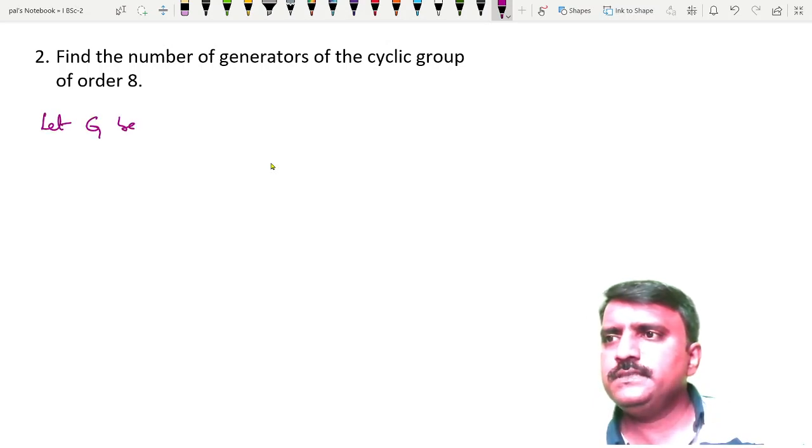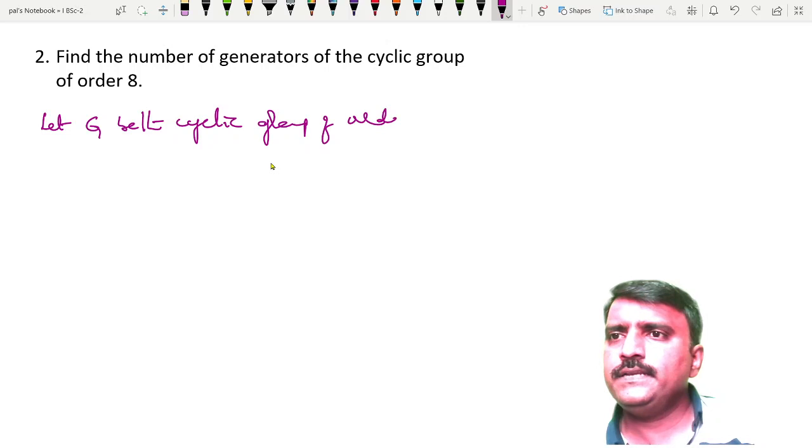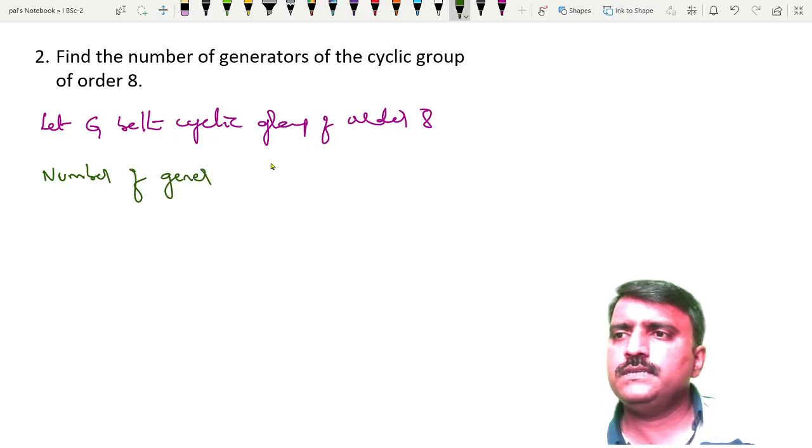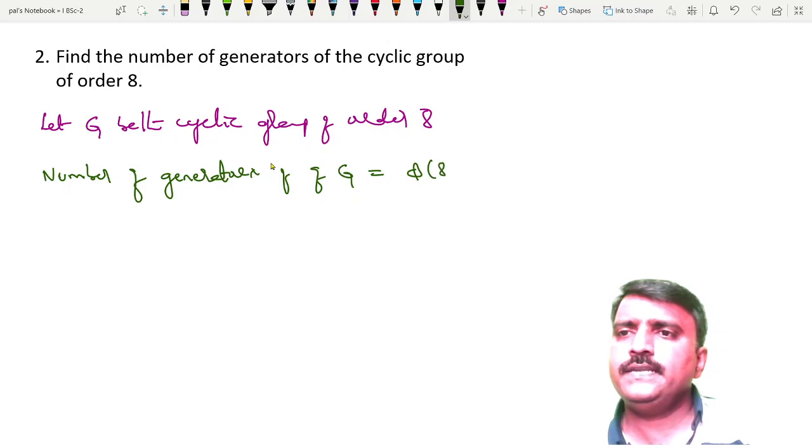Let G be the cyclic group of order 8. So it is a cyclic group of order 8. Therefore the number of generators of G is equal to phi of 8.